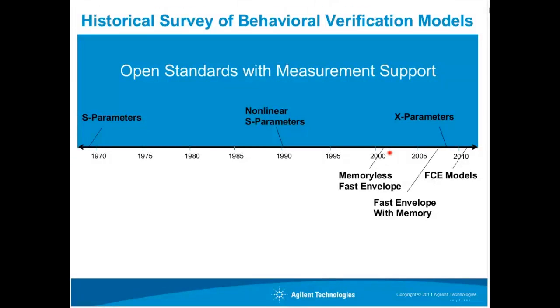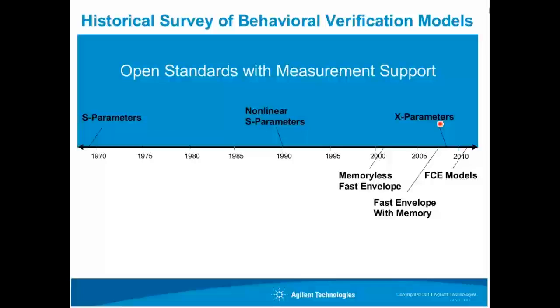In about 2007, we were successful in getting memory effects modeled in there. In 2008, X parameters became available commercially, both in ADS simulation and in Agilent instruments. And so those have taken a next step.